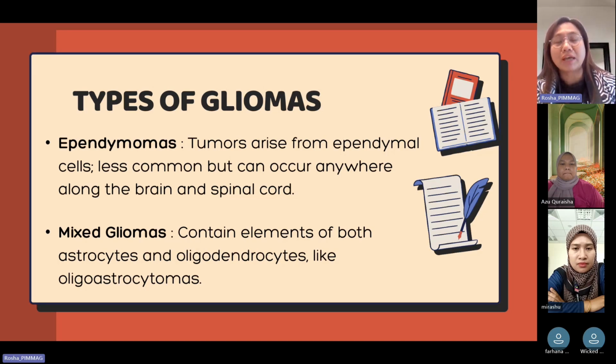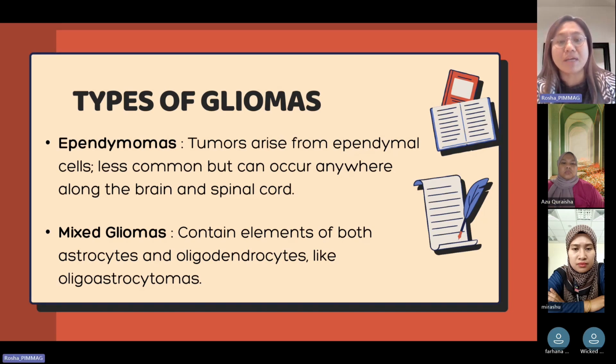Although glioma most commonly occurs in the brain, it can also occur in the spinal cord, in the thoracic segment or the lumbar segment.